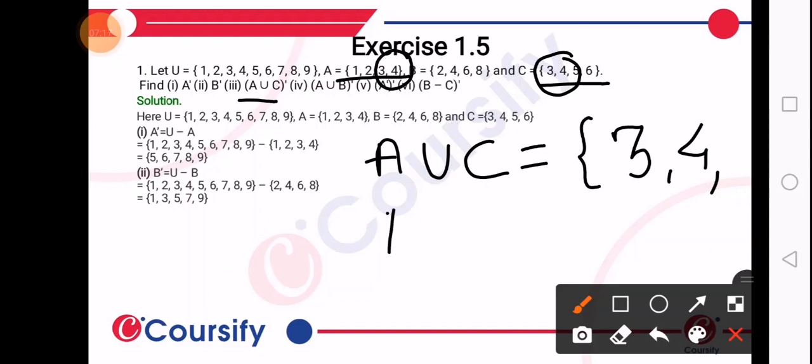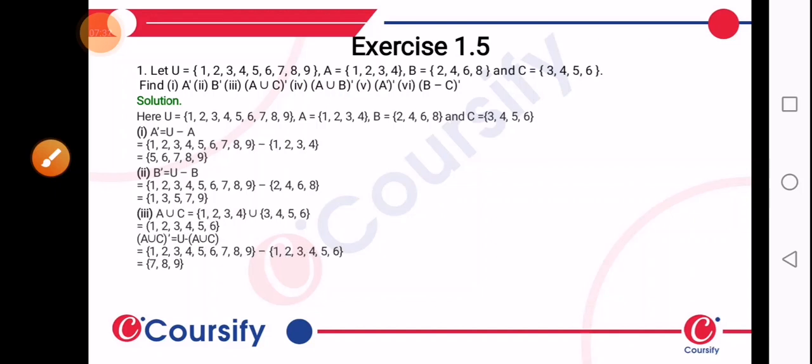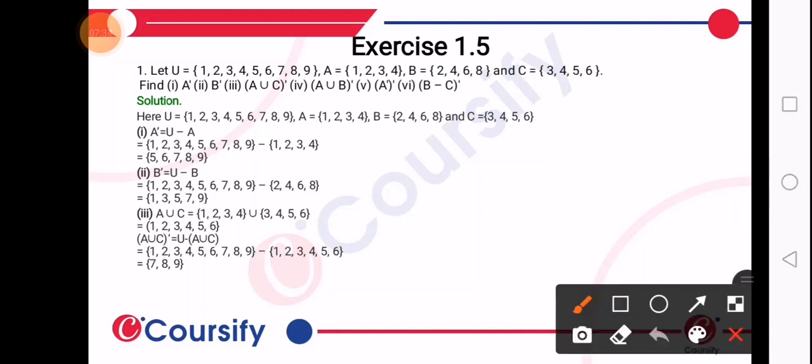That is 1, 2, 5, and 6. Thus, this is the union of A and C: 1, 2, 3, 4, 5, and 6.